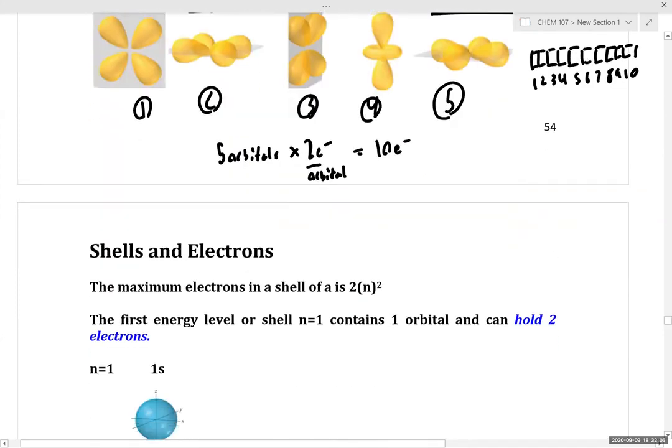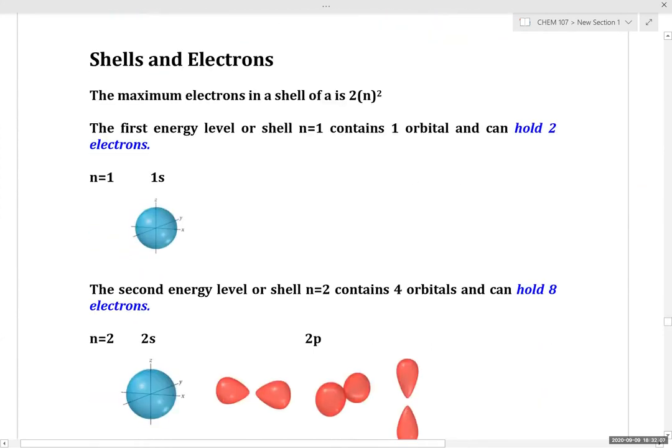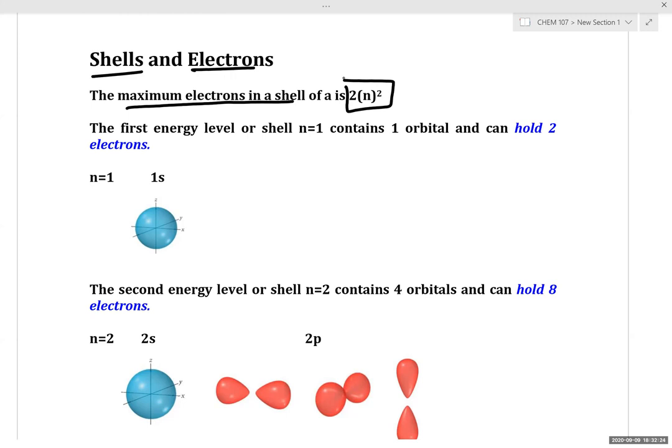So let's take this and now look at how many electrons we can have in a shell. There's an equation you can use. The maximum electrons in a shell is 2n squared. That's one way you can calculate the maximum number of electrons in a shell.